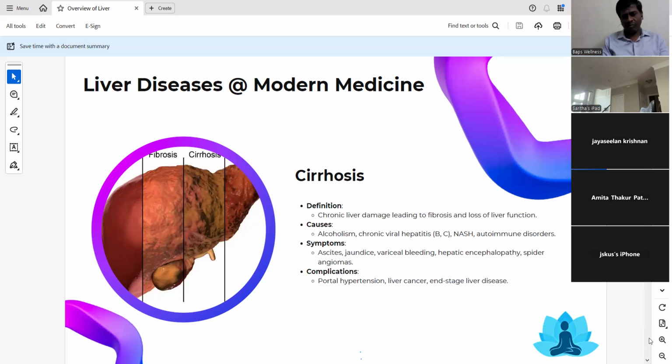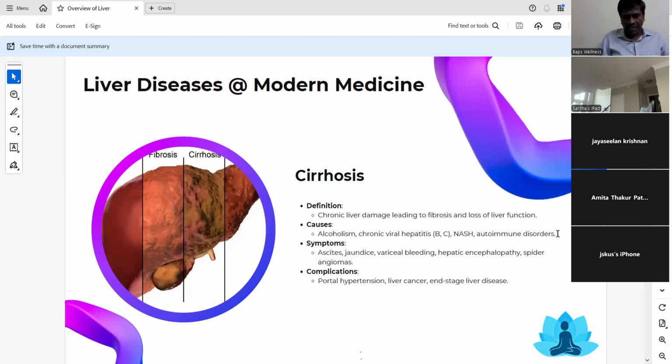As we have seen, whether it is alcohol related or non-alcoholic fatty liver, in both cases, if it is not properly managed and addressed, it leads to cirrhosis and/or cancer and liver failure also. Here also autoimmunity causes not only hepatitis but also cirrhosis.